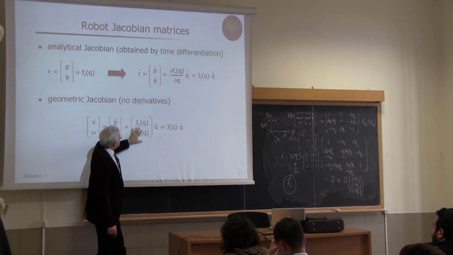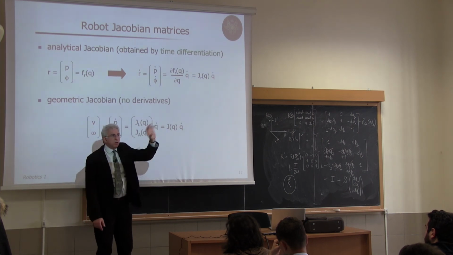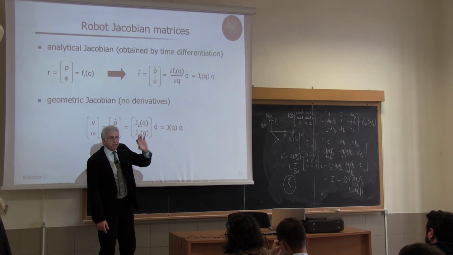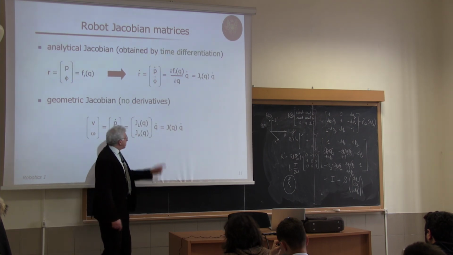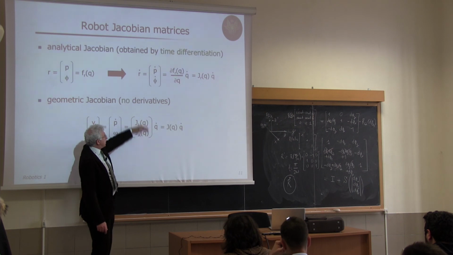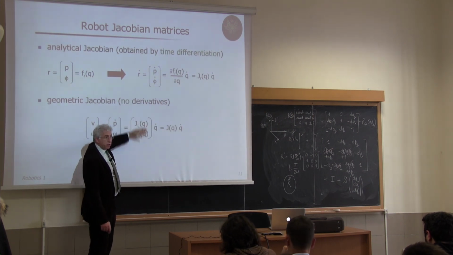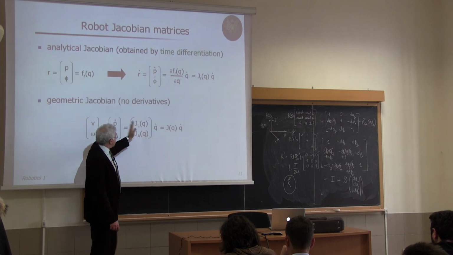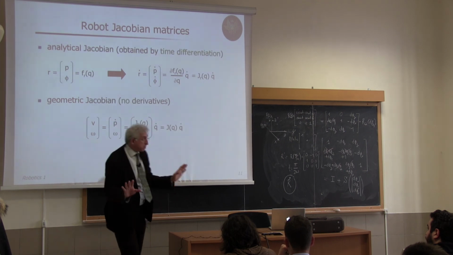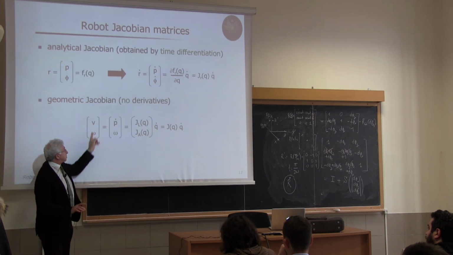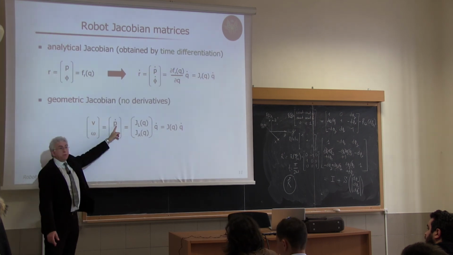So I will have some Jacobian without an r, because I'm not referring to a particular kinematic function, times q dot. And this matrix can be partitioned in two, the linear component and the angular component, the first 3 rows and the last 3 rows. It's always a 6 by n matrix, because these are two 3-dimensional vectors. Omega is omega, and v is p dot.